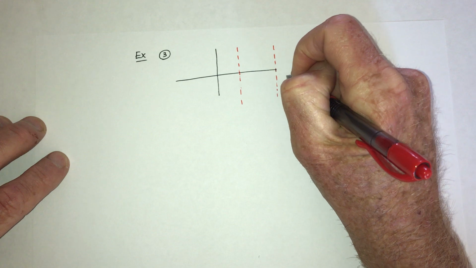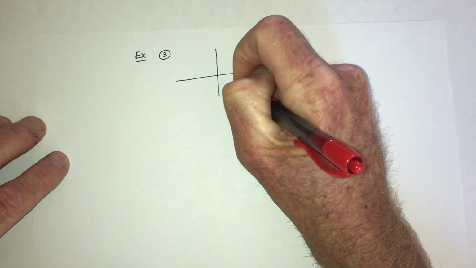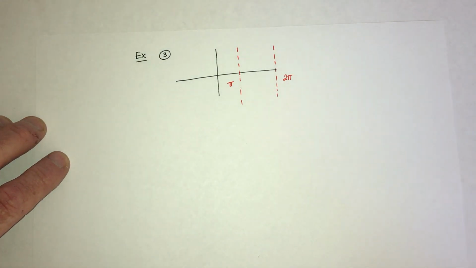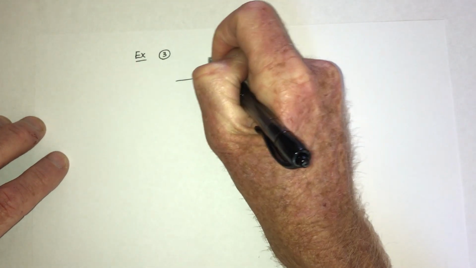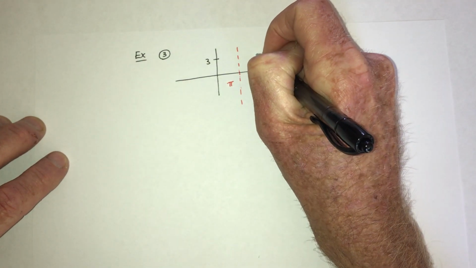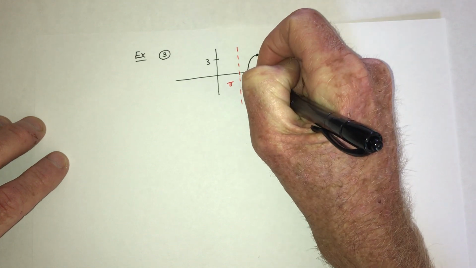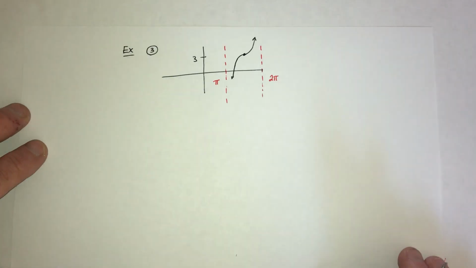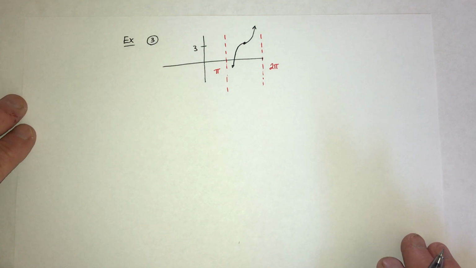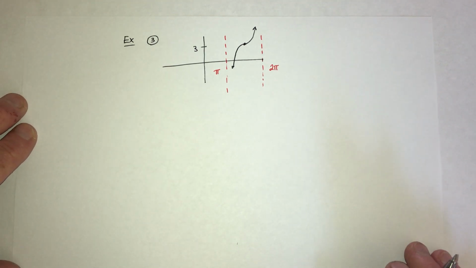This one is at 2 pi. This one is at pi. There we go. There's the picture. Then what function would do that?